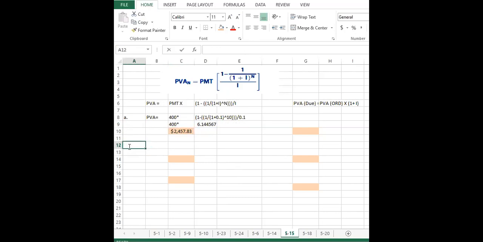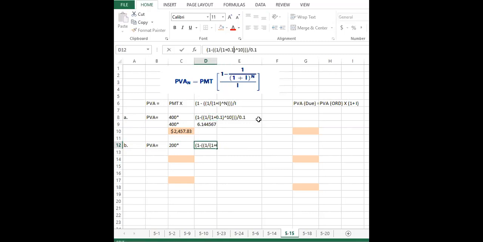Same is the part B. Present value of annuity is equal to, now this time we have 200 as PMT and multiply by the factor. This is the formula of factor.